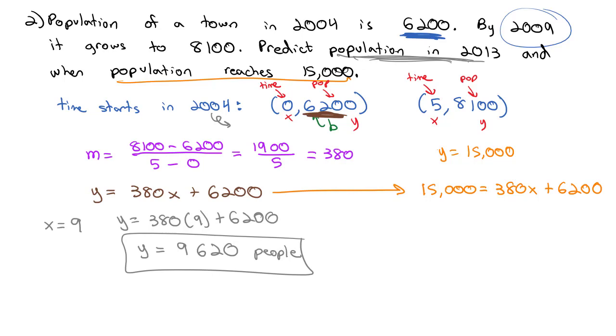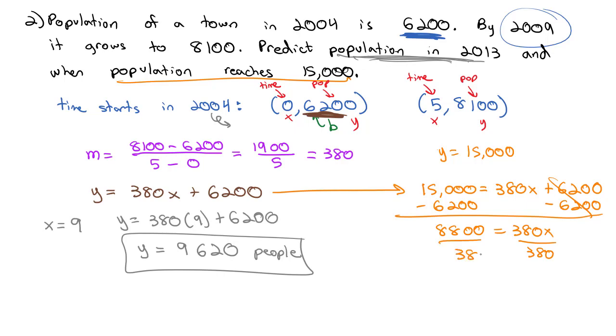And then we just have to start solving this equation for x. Subtract 6,200 from both sides. That's going to give us 8,800 equals 380x. Divide both sides by 380. And x is equal to 23.1.